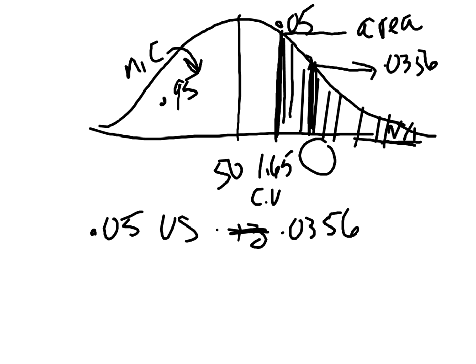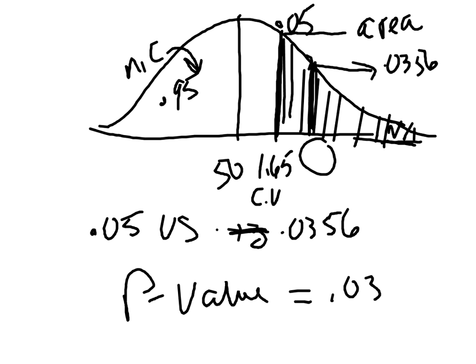Okay, so in this case, if somebody asked, well, what's the p-value there? You would say, well, the p-value is equal to 0.0356. And if somebody set up a question and said, well, I want you to tell me whether we should reject the null hypotheses for a given situation at alpha equals 0.05.